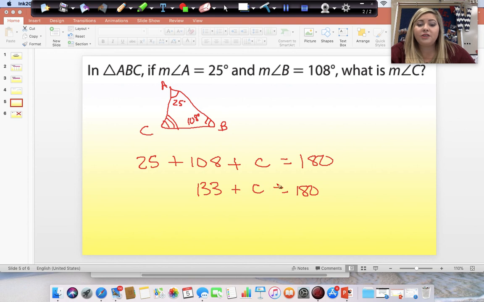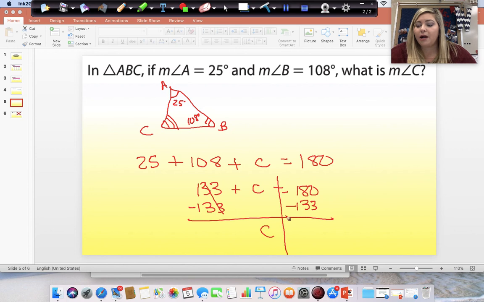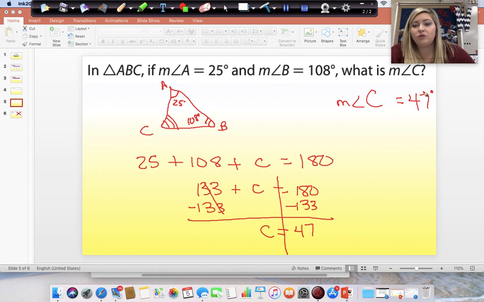To solve this one-step equation, you have to subtract 133 from both sides. This cancels, and you are left with C is equal to 180 minus 133, and that is 47. So angle C, or you can even say the measurement of angle C, is equal to 47 degrees.